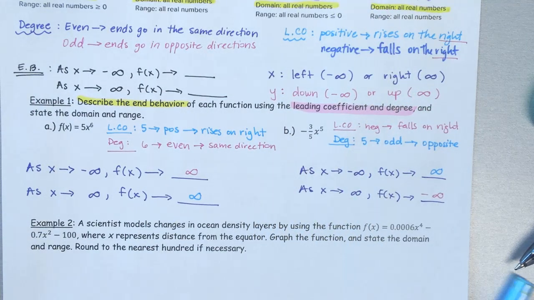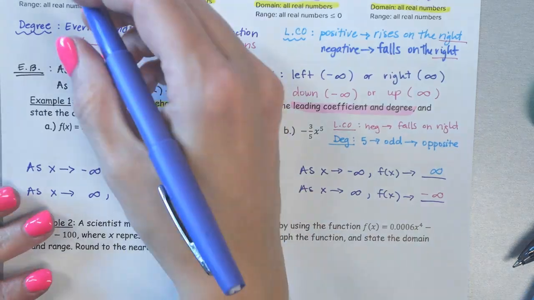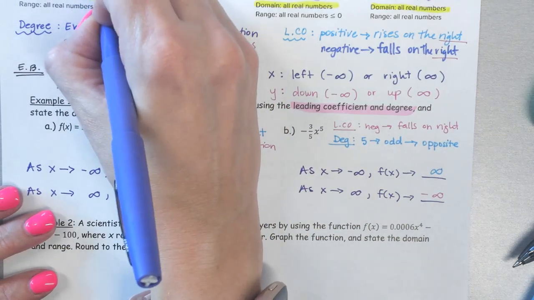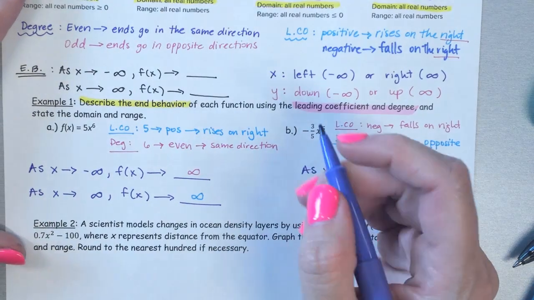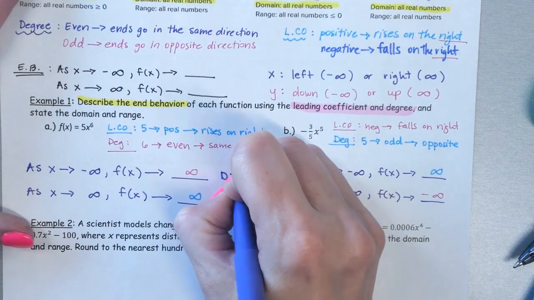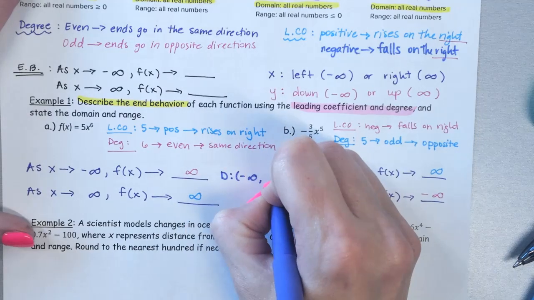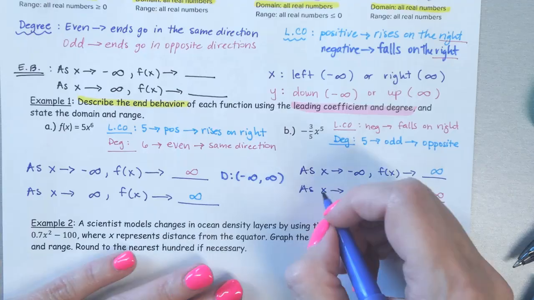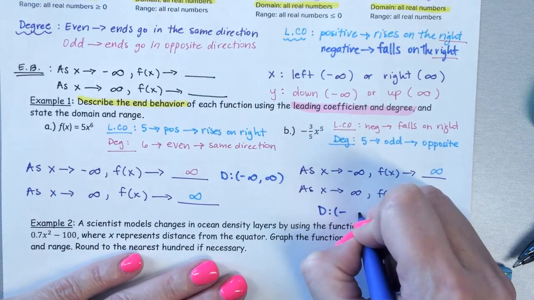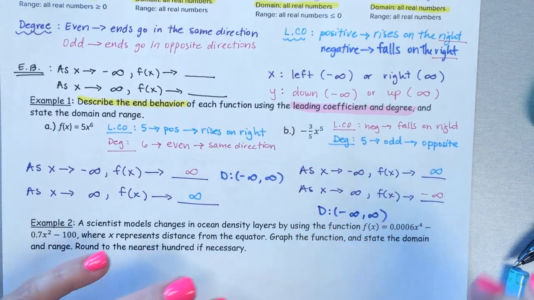So when we're writing our domain, we are going to be writing these in interval notation. If it's all real numbers, it's negative infinity to positive infinity. And that will be the same for both of these. So I'm going to sneak this in here.